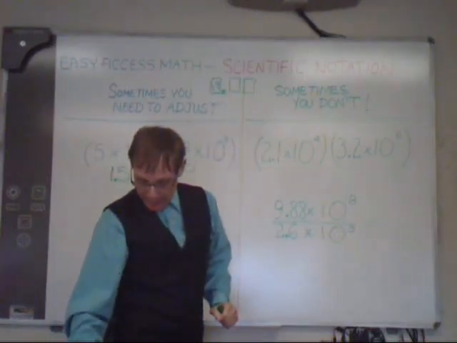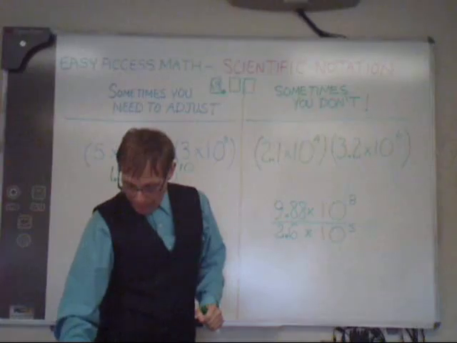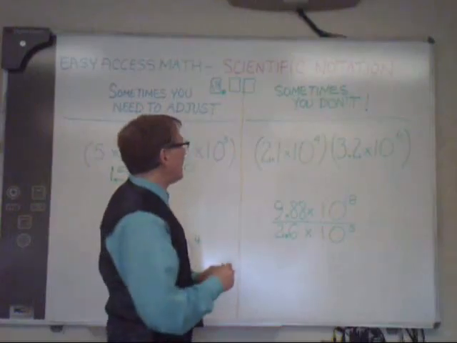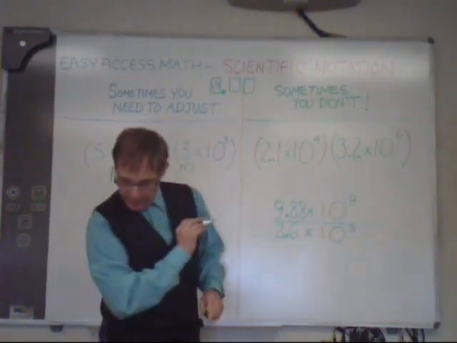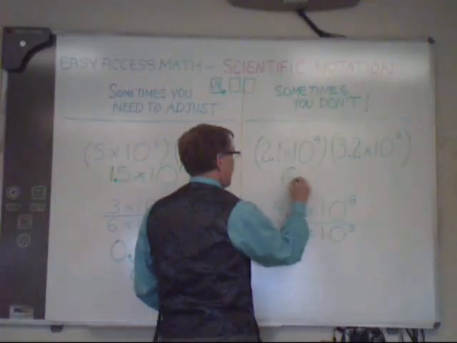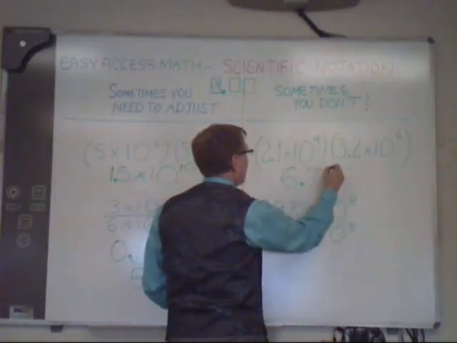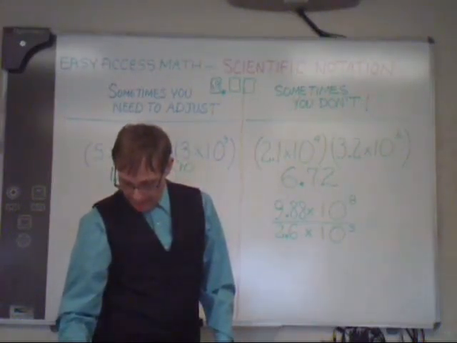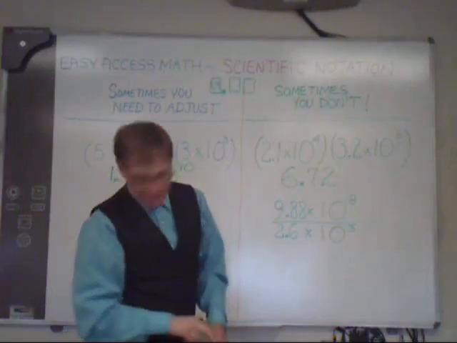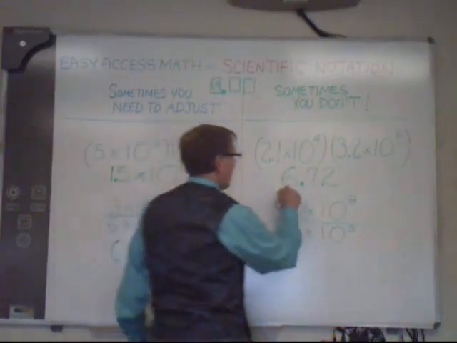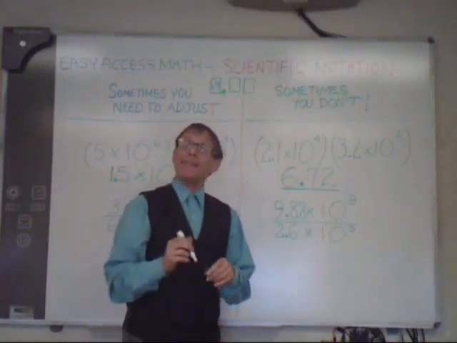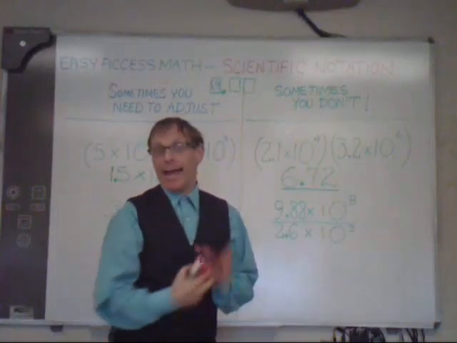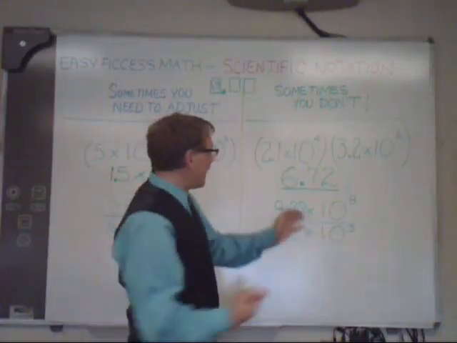We have 2.1, and we multiply it by 3.2, and we get 6.72. And 2.1 times 3.2, yes, I always like to check it twice. Some of you will have to do that by hand, depending on whether you will be using a calculator. I just saved some time here and used my trusty calculator to get that answer.